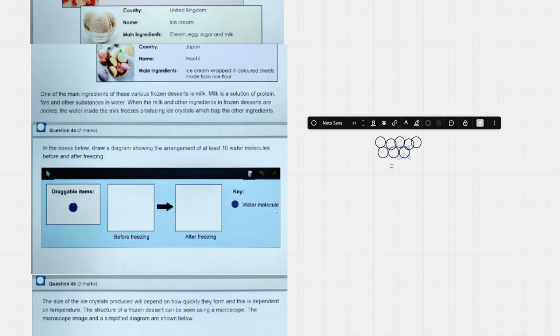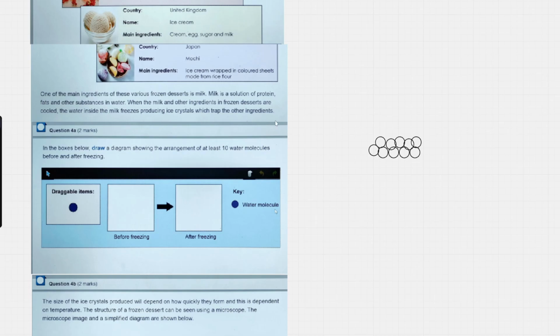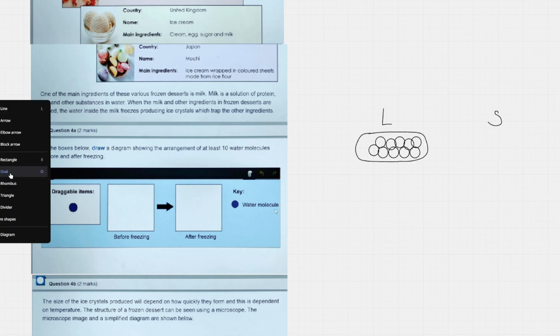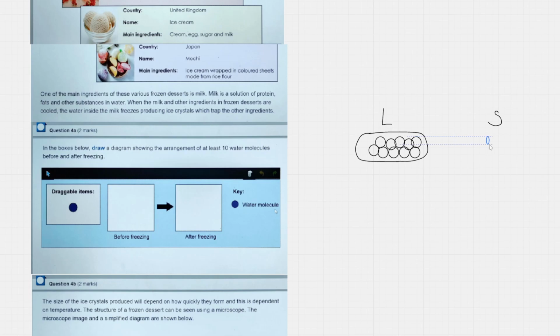Remember that they should not be completely apart because it would then be mistaken for gas and you'd lose marks. So this is liquid or before freezing, and solid it would have a proper composition throughout. So this one would have to have a pattern.